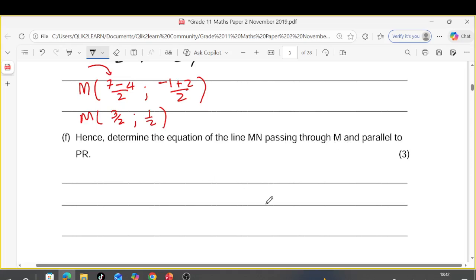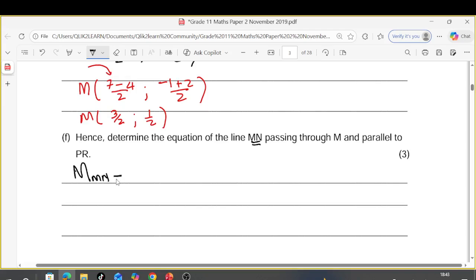Guys, the information that is given here is important. Where is this line passing? It is passing through M, and this line is parallel to PR. So now they want the equation of the line MN.